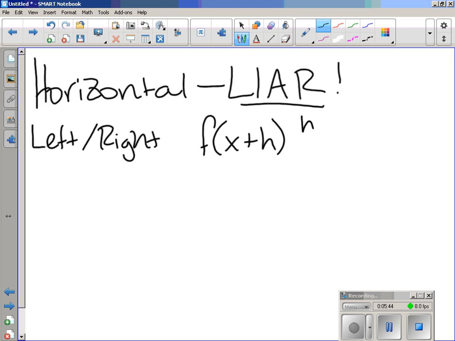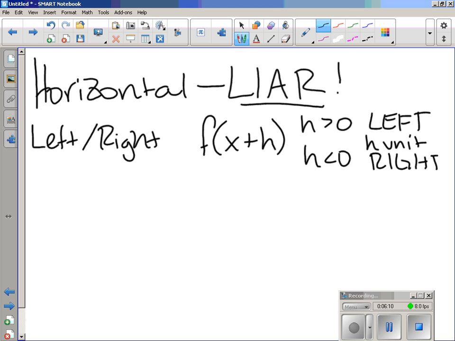Now, if H, and this is where it gets tricky, is positive or greater than 0, that's actually left H units. It lies. You think if you add a positive number, it would mean go to the right. That's just what your normal brain would think, but it doesn't. It goes to the left. Negative numbers go to the right.